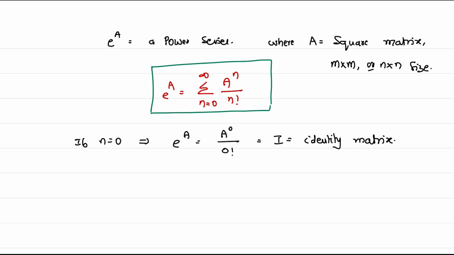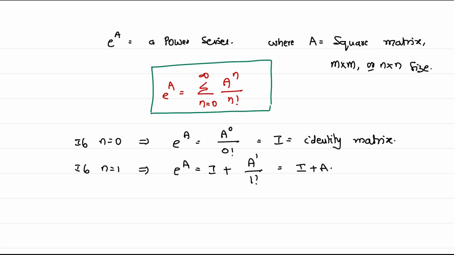What is the value if n is equal to 1? Just see what happens to this series. e to the power of A is equal to the identity matrix for 0, plus A to the power of 1 by factorial 1, that is equal to I plus A. If n is equal to 2, this becomes I plus A plus A square by factorial 2.